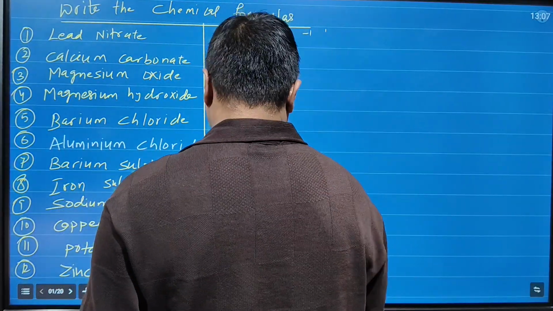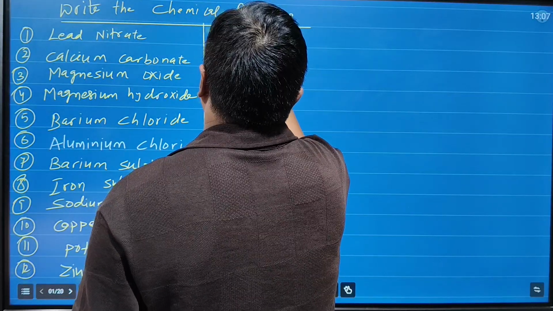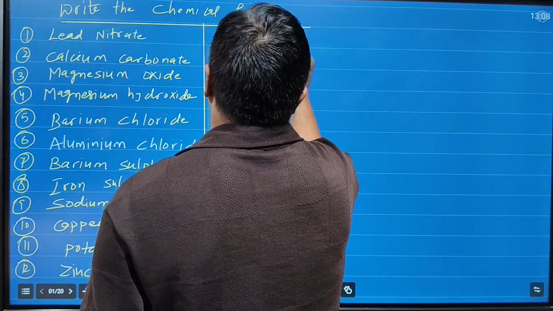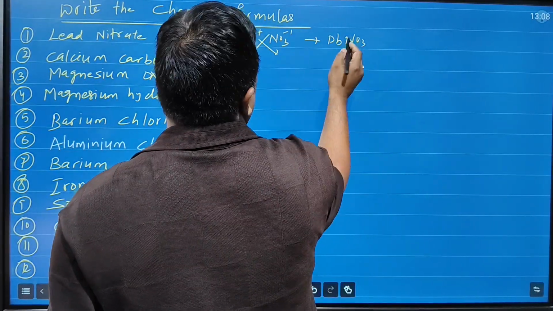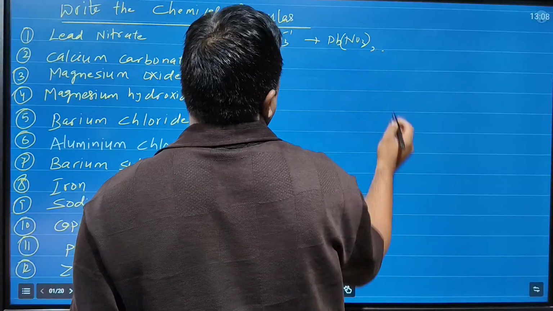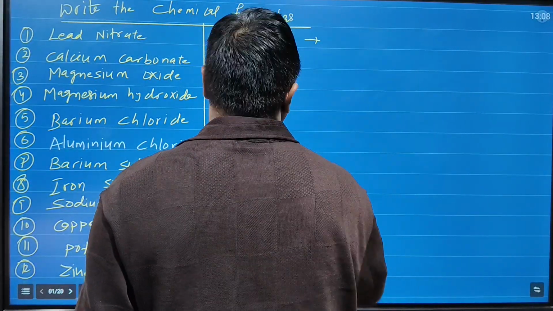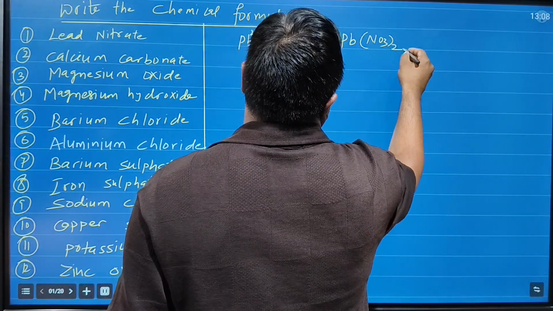I am going to write all the formulas here. Lead nitrate, as I told you, Pb 2+ is there, nitrate NO3- is there, so if you do the crisscross, we write Pb NO3. Whenever 2 moves, we have to write it in brackets, Pb(NO3)2.